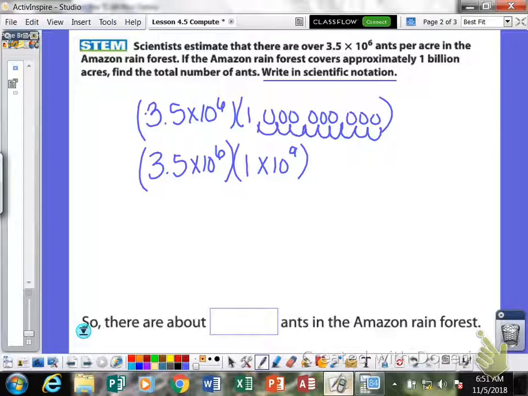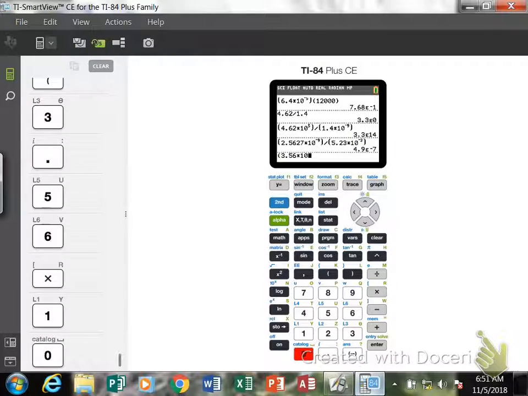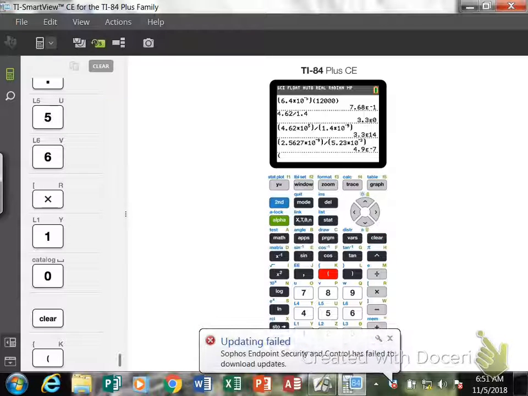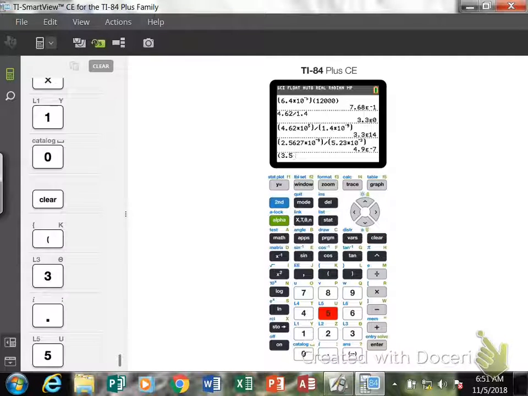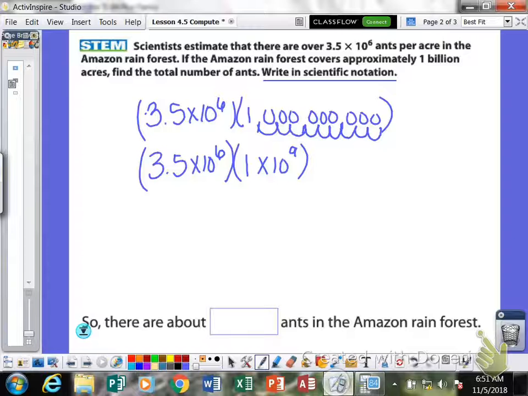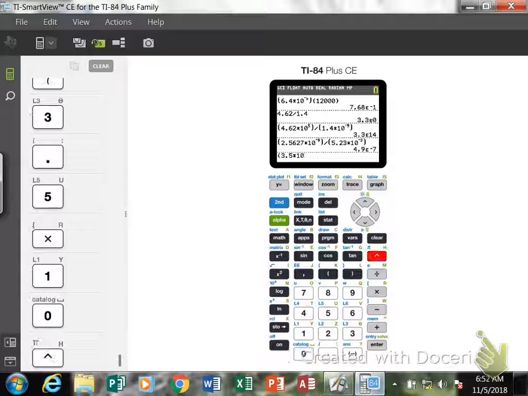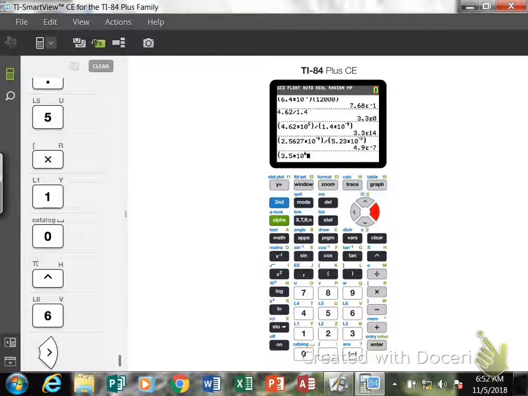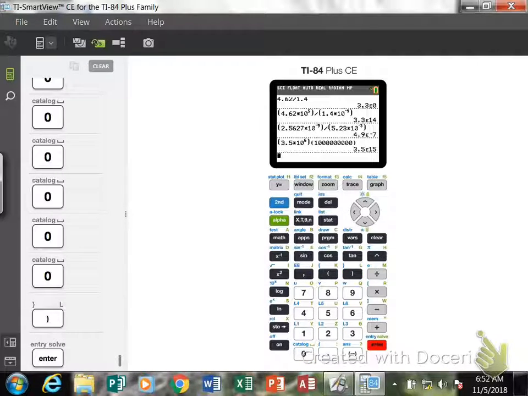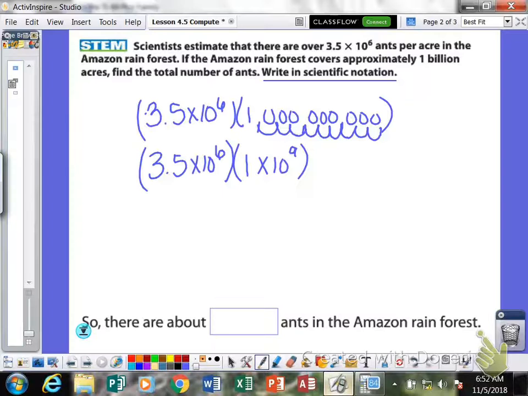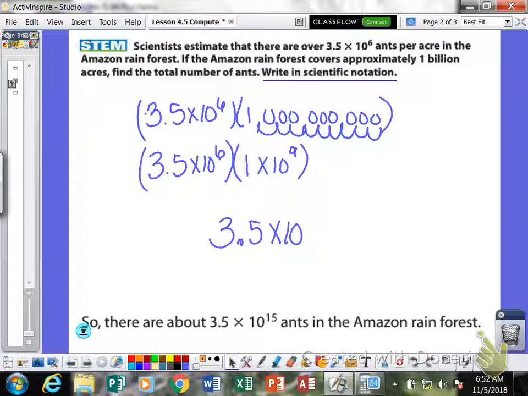Sorry, it was just 3.5, parentheses, 3.5 times 10, and that was to the power of 6, arrow out, close the parenthesis, times 1 billion, so 2, 3, 4, 5, 6, 7, 8, 9, close the parenthesis, enter, we get 3.5 e to the 15th, so our answer would be 3.5 times 10 to the 15th.